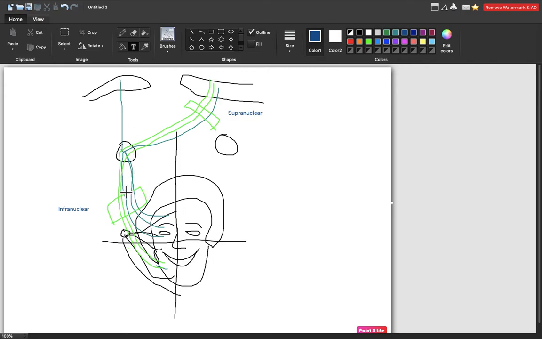So take this one as the left side. If the left side lesion occurs below the nucleus, infranuclear, the same side half of the face is affected. That is, this side of the face becomes expressionless. No movement of frontalis, the orbicularis oculi doesn't function, so no closure of the eyes, and the dilator, if the subject attempts to smile, the mouth will be deviated to the opposite side.